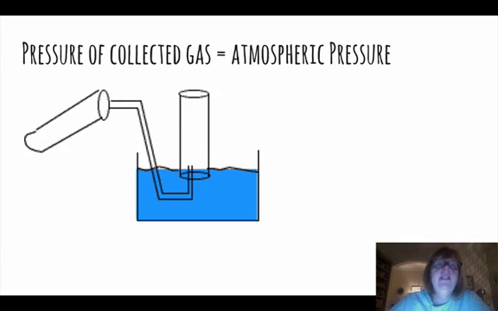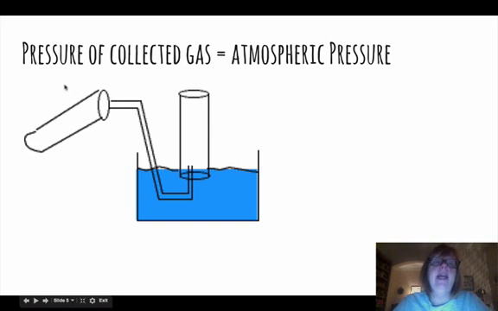Now, when you collect a gas over water, you want the pressure of your gas to equal atmospheric pressure. This is just a rough drawing here. Here is our test tube, and it generated some gas, and we collected it over water, so we've displaced the water. You want the water level in your tube to be equal with the water level outside.